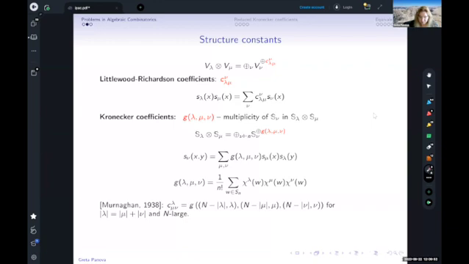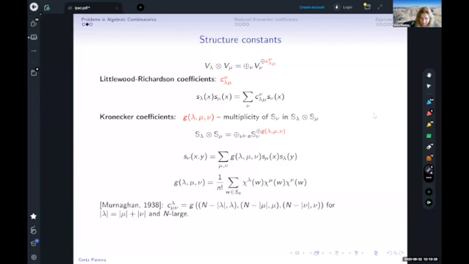In particular, Murnaghan, when he started working with Kronecker coefficients, which were defined by him in 1938, observed that the Littlewood-Richardson coefficients are equal to Kronecker coefficients of these partitions. So we take the partitions lambda, mu, and nu for the Littlewood-Richardson, and we add to each one of them a long first row so that the total size is the same, some big integer n.